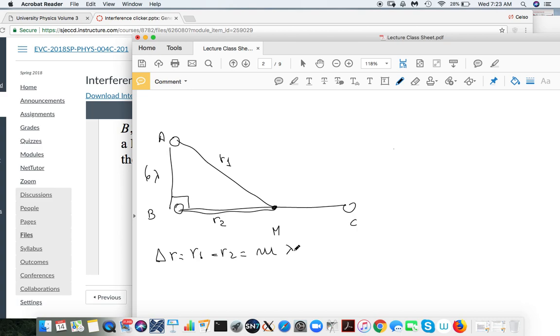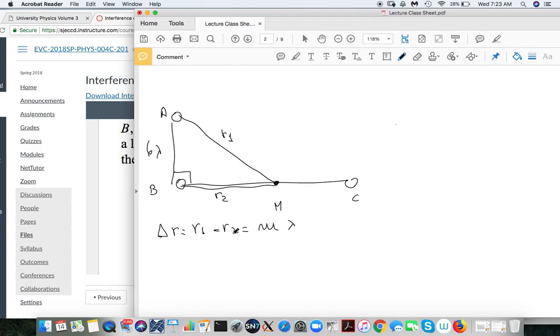And we want to find R2 to make a maximum. Now that's complicated. Wait a second, how do we do this? We know 6 lambda squared plus R2 squared is equal to R1 squared, right?